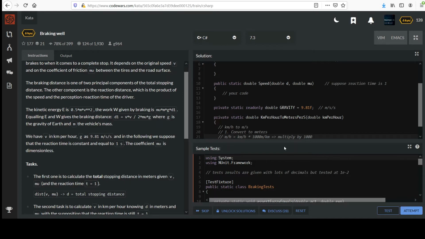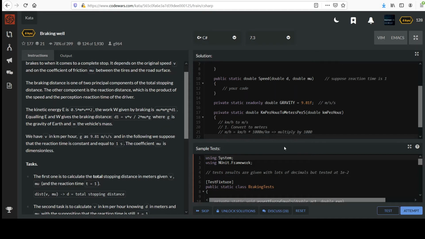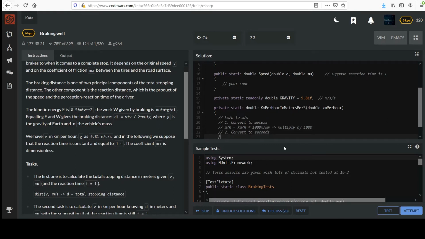So good. We know how to do that, but then we have a second part here, convert to seconds. And the same kind of thing, right? We had meters per hour, but now we need to get seconds. Notice how up here I put the kilometers on bottom to cancel out with the value on top.